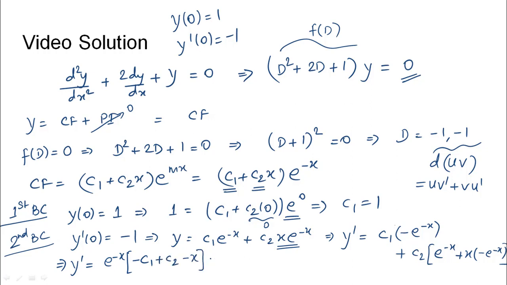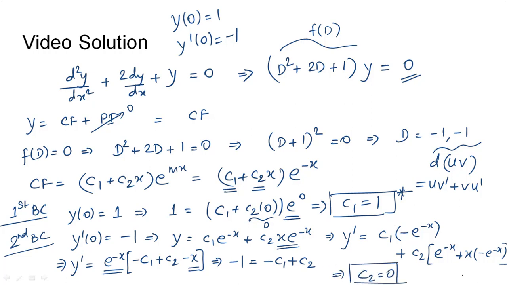Substituting the value of 0 in this to get minus 1, we get minus 1 equals minus c1 plus c2, since one term becomes 1 and the other becomes 0. Since c1 has been determined as 1, substituting that value, c2 will be 0. So using the values of c1 and c2, y has been determined as e power minus x.